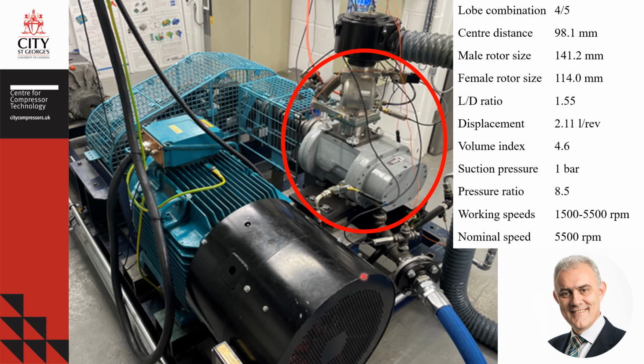Effects of different capacity control methods will be shown on this typical oil-injected air screw compressor installed at City University of London. It has an N rotor profile with a lobe combination of 4-5, size of 140 millimeters, L/D ratio of 1.55.